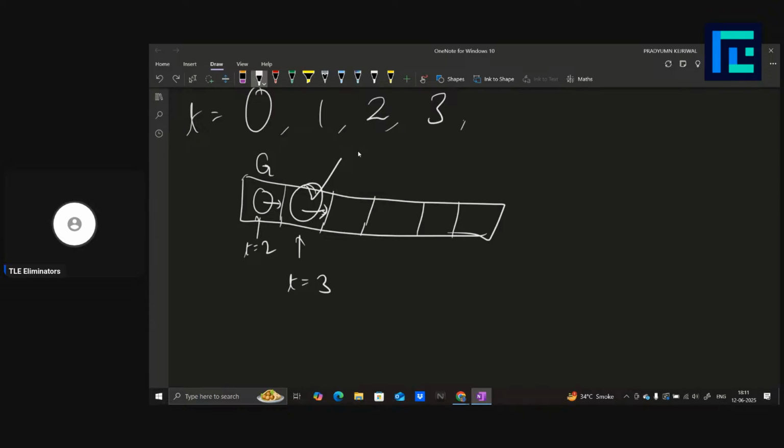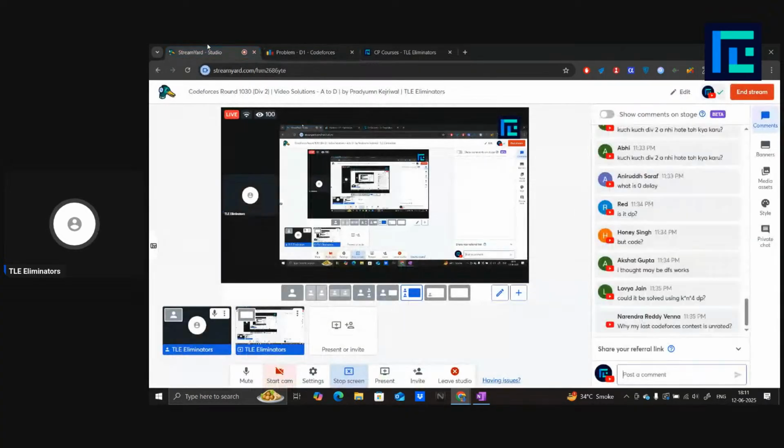I can say that I can escape from here as well. Why? Because I know that I can escape from here, so I can go from here to here. If I'm at time t equal to 2 here, I will be at time t equal to 3 here, and so I'll escape. Okay. Is it clear, guys? This part is clear?